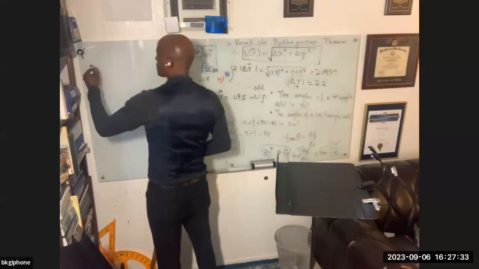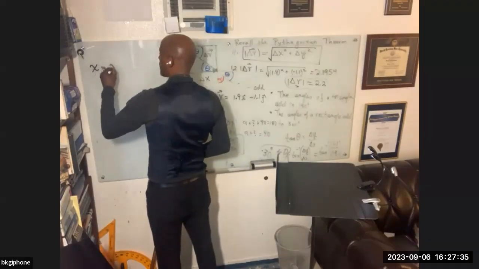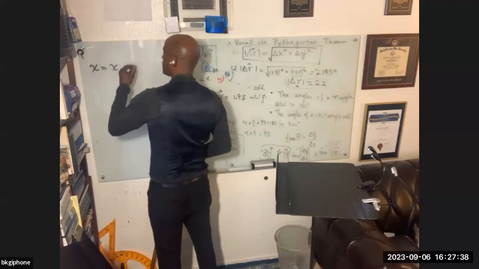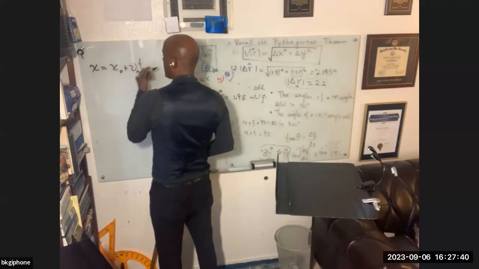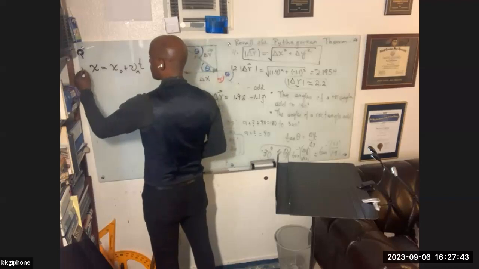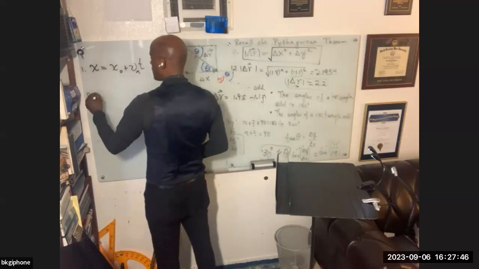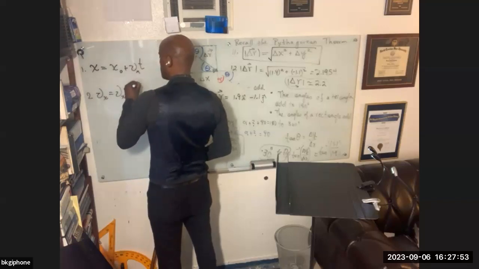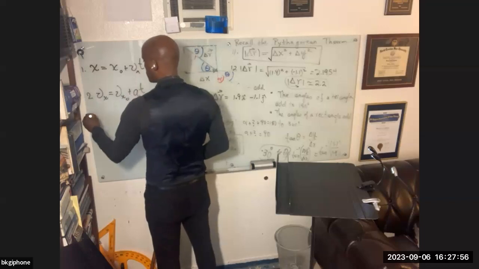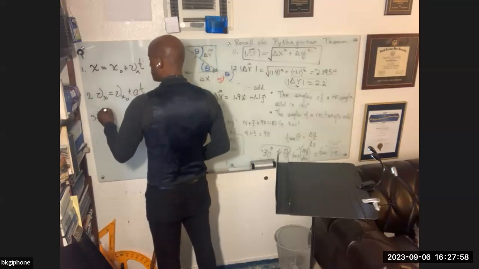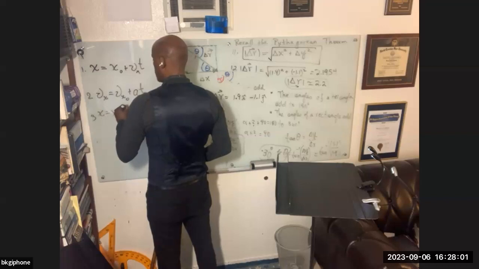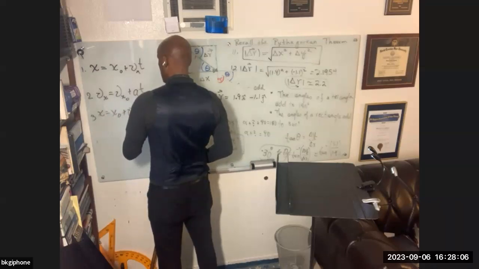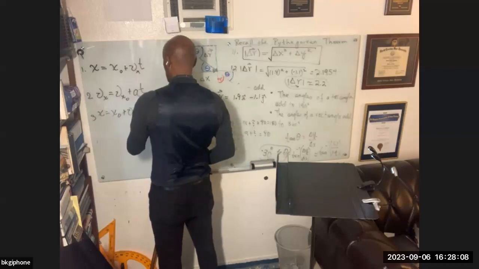Yeah, I'm referring to these equations. In the x direction, we had x is equal to x naught plus vx times t. I said that was for constant motion, and I called that equation 1. Then vx equals vx naught plus ax times t was 2. Then 3 was x equals x naught plus vx naught t plus 1/2 ax t squared.